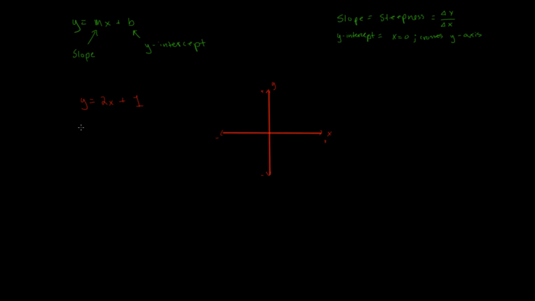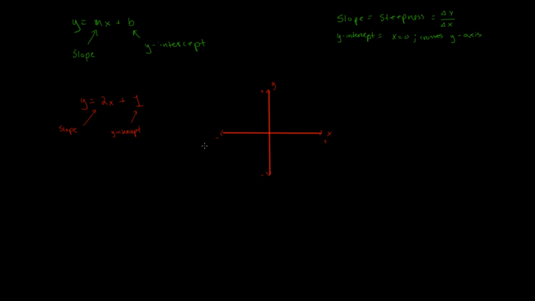Our slope is 2, right? That's our m. And our y-intercept is 1. That's very helpful because it means we know exactly where the line's going to be and how it's going to react once it starts at that point.